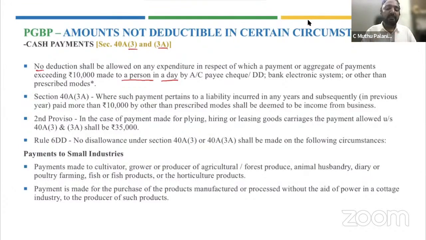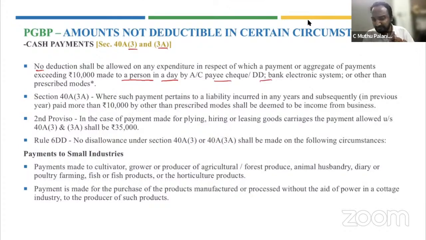If I'm giving the same person 8,000 today, 8,000 tomorrow, and 8,000 the day after, that is also allowed. Generally, this type of payment should be properly made by account payee cheque, DD, bank, electronic system, or any other prescribed mode. If the amount is paid in these modes, it is allowed.